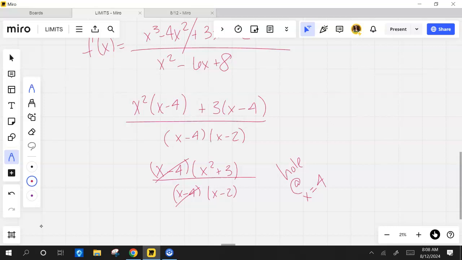While we are here on this nice, beautiful rational function, we're getting ready to talk about this too. Just as a refresher, what about horizontal asymptotes for this one? How do you tell horizontal asymptotes of a rational function?